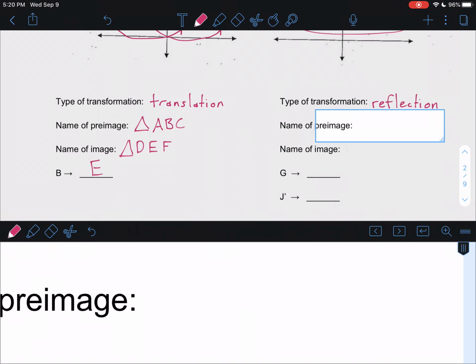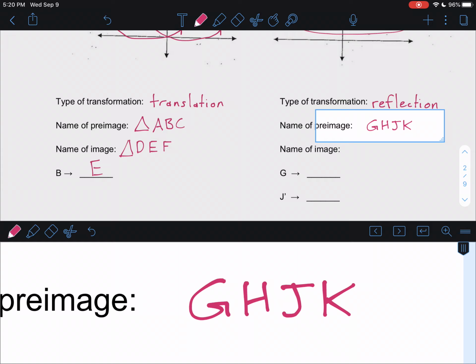So the name of the pre-image here is going to be G, H, J, K, because G touches H touches J, and J touches K. I can't go from G to J or from H to K.